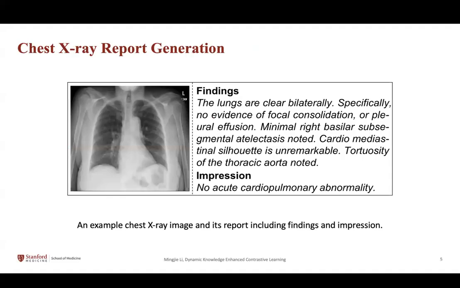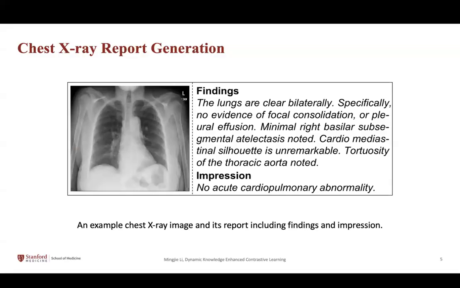And in our work, we focus on chest X-ray report generation. At the beginning, it was named medical report generation, which is a fundamental research topic in medical multimodal AI. It focuses on automatically generating medical reports to save the radiologist from heavy daily workload.